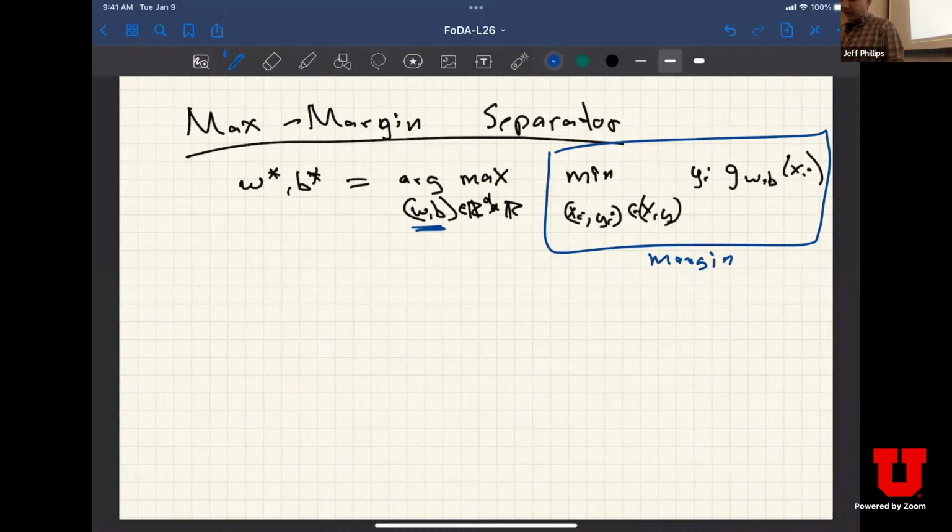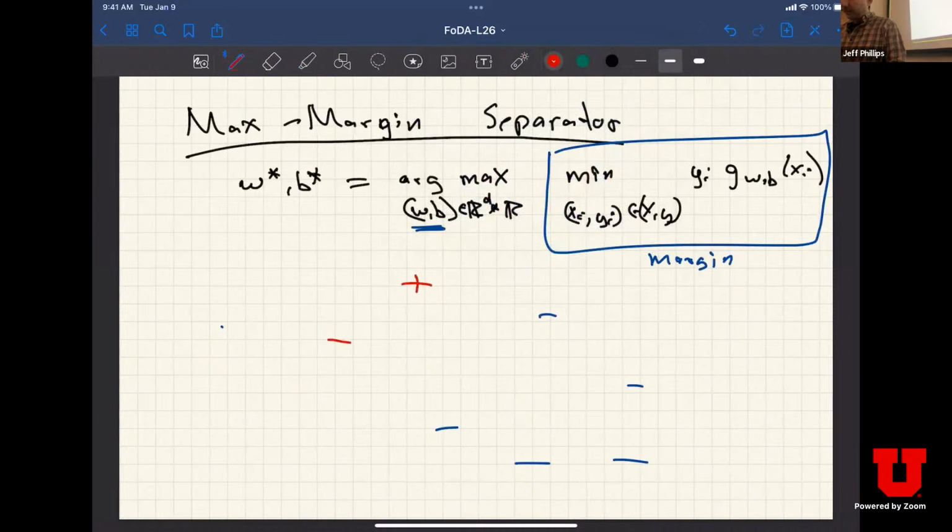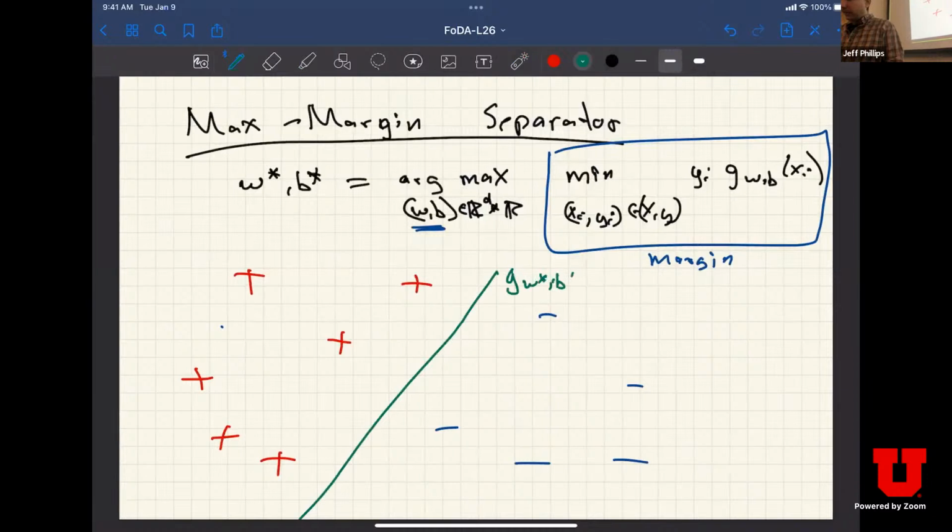Okay, so again, let me draw a cleaner picture of what's going on here. I've got some negative points, some positive points, and then there's the max margin separator. This would be g_{w*,b*}(x) equals 0.